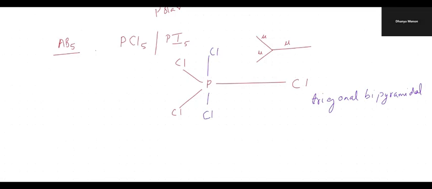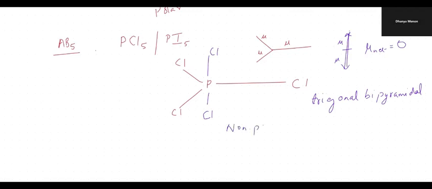And I still have one above and one below, the axial ones. They also cancel each other. So this mu cancels this mu. So the net dipole moment is equal to 0. Okay, so these molecules are non-polar.